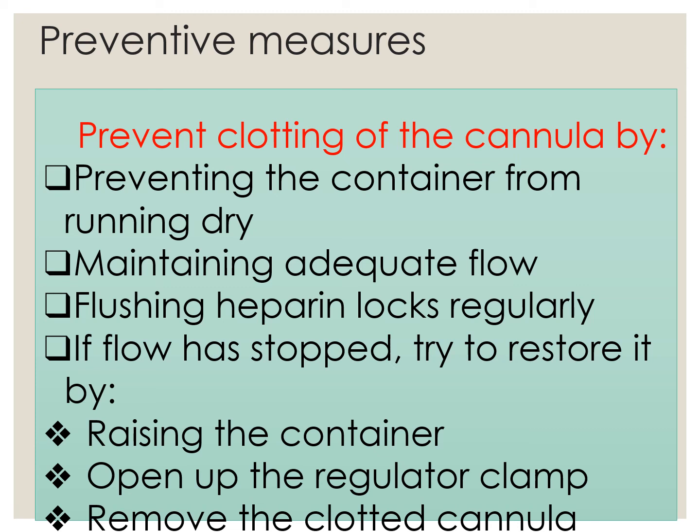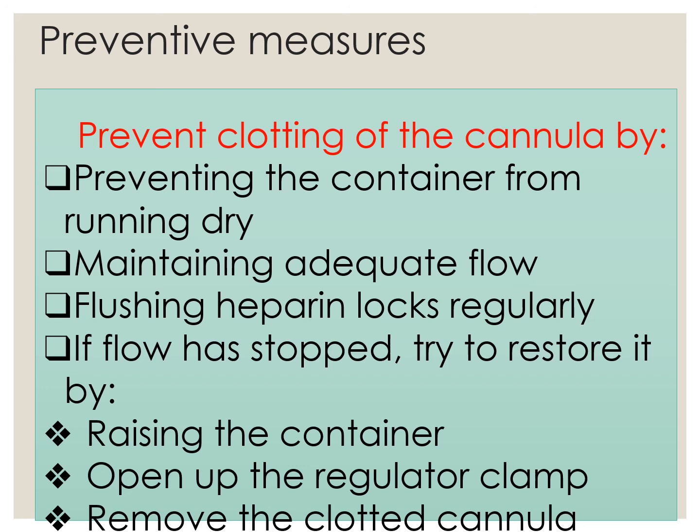Most important, if you are trying to flush the cannula and you feel there is pressure, please do not forcefully irrigate the cannula, because there is a blood clot, and if you flush with pressure, then you are letting that clot go into the bloodstream. So if you feel any pressure, try to aspirate the clot.